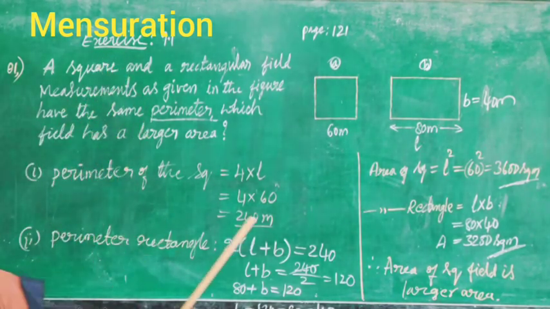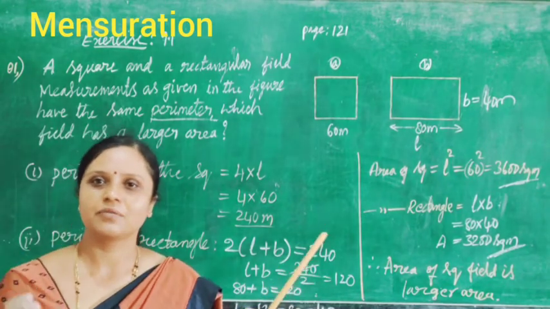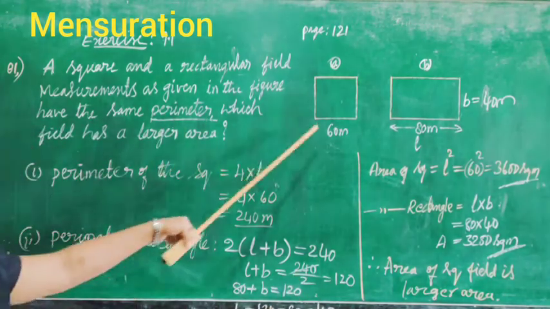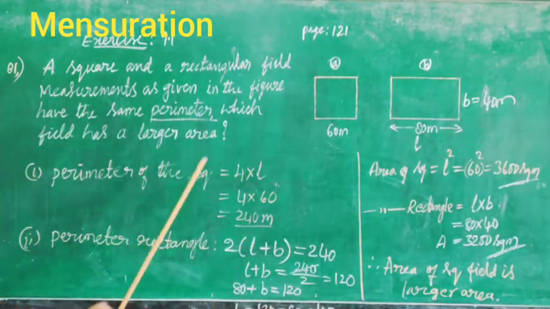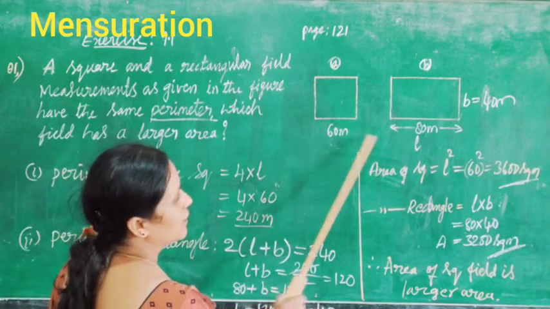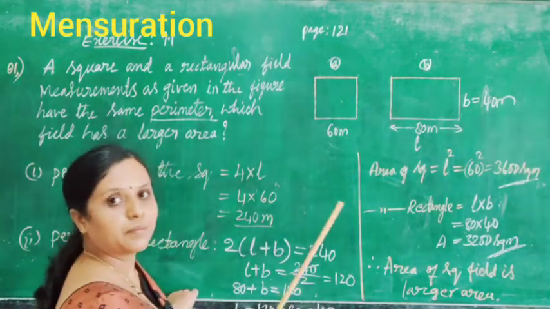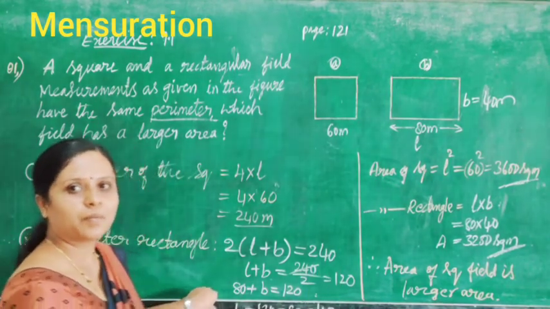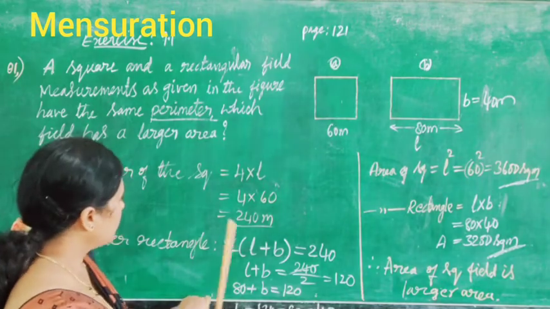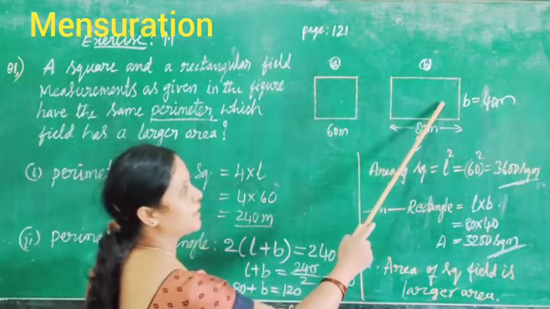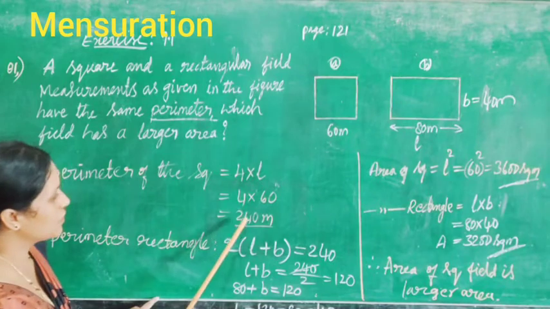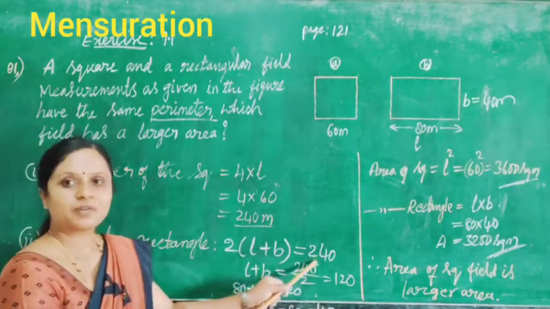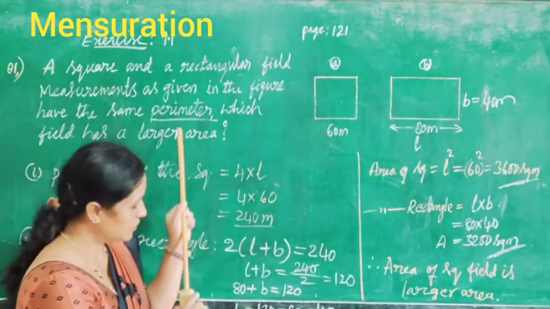So when coming to the question, first read the question 2 or 3 times carefully and analyze what is given and what is to be found out. The given part is the length of the square, and the perimeters of these two are equal. By using that concept, we find the breadth of this rectangle. The perimeter of the square is 240, so the perimeter of this rectangle is also 240, as given in the problem.